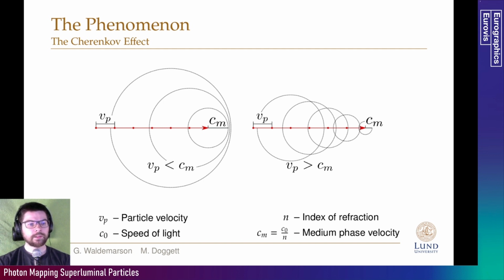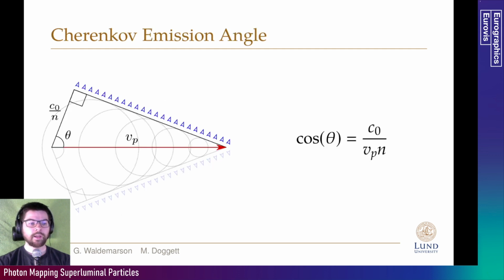Structurally, this is very similar to how a sonic boom is created for supersonic aircraft, but with sound waves rather than photons. Additionally, with some simple trigonometry, it is possible to compute the angle at which the photons will be emitted.